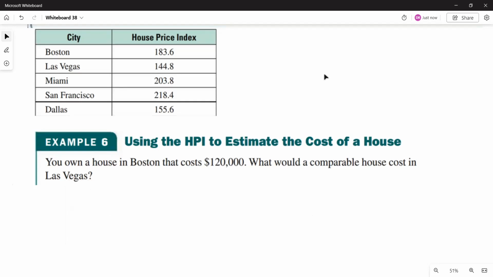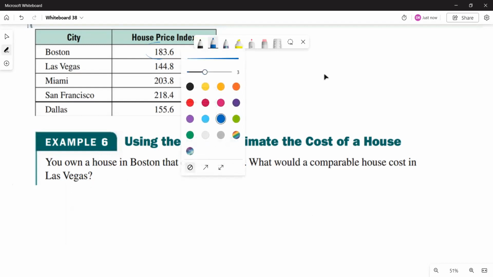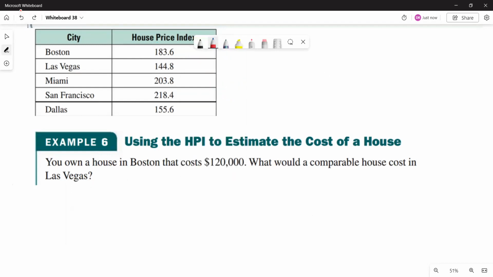We're going to consider the HPI. So the house price index in Boston is 183.6. And the house price index in Las Vegas is 144.8.